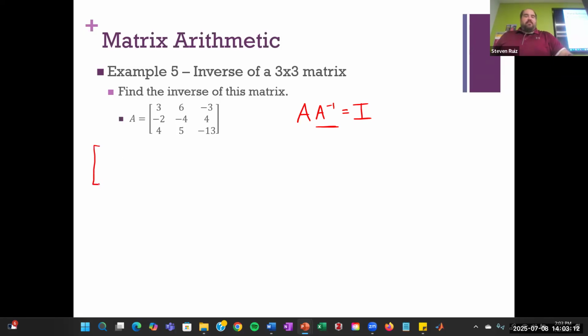So basically the game is this. 3, 6, -3, -2, -4, 4, times A inverse equals the appropriately sized identity matrix.